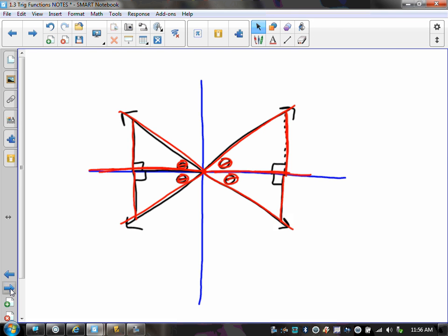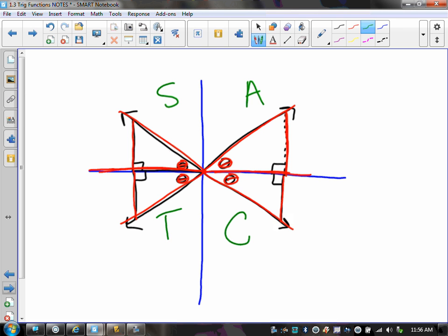One other thing I wanted to discuss with you, we're going to be talking a lot about making sure our answers are positive and negative, so we have the right signs. If you remember this, all students take calc.